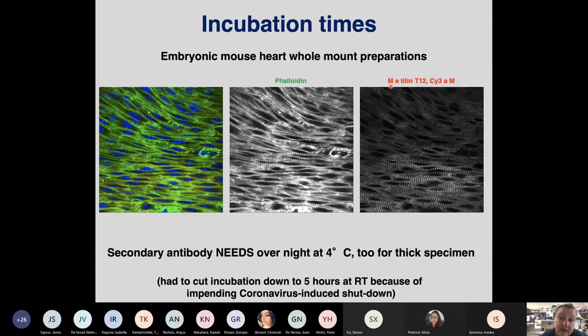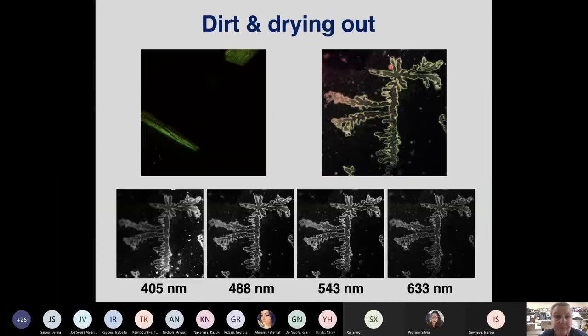You know that the primary had no problem getting through, because it had the chance to react overnight. But we are not seeing the primary antibody. We are only seeing the Cy3 that sits on the anti-mouse secondary antibody. If we don't give it enough time to diffuse through and react with all the primary antibody that's around, then we will have this gradient. And again, it may lead to a misleading conclusion.